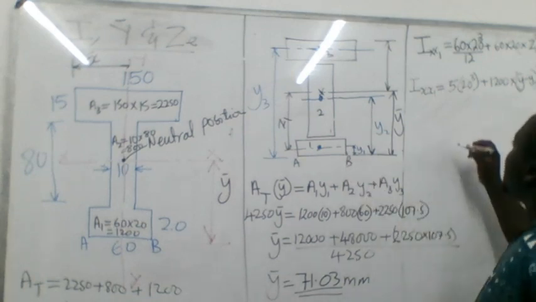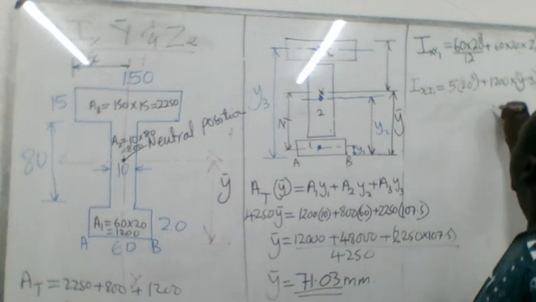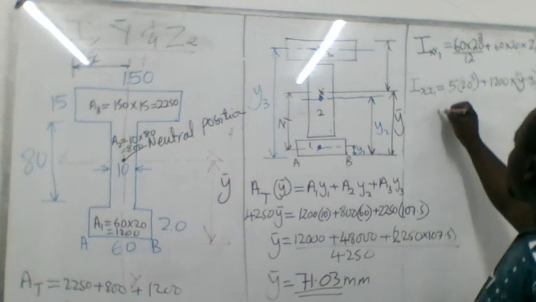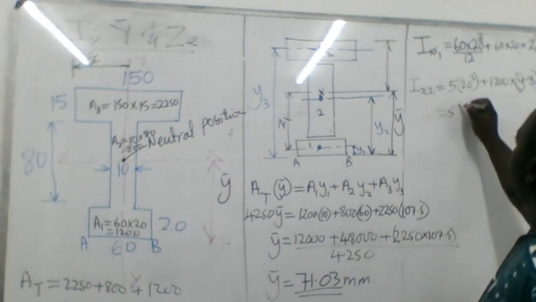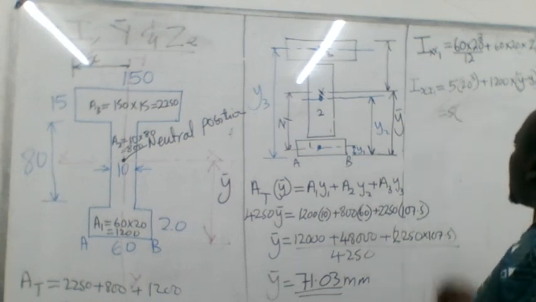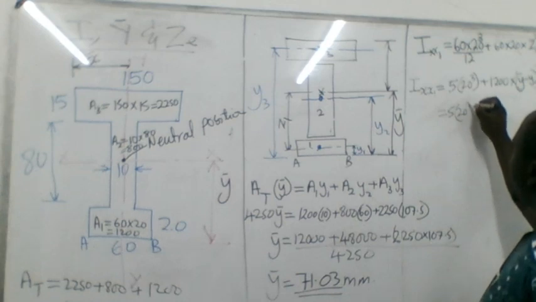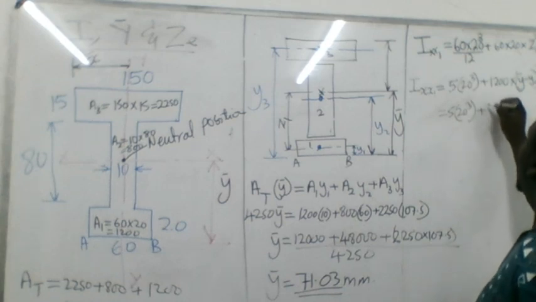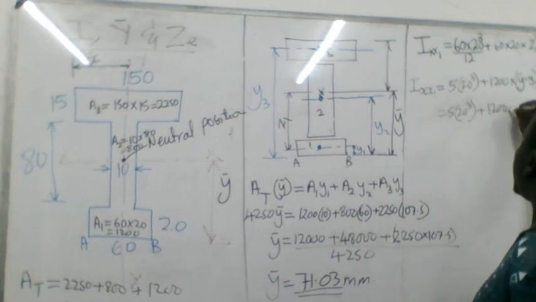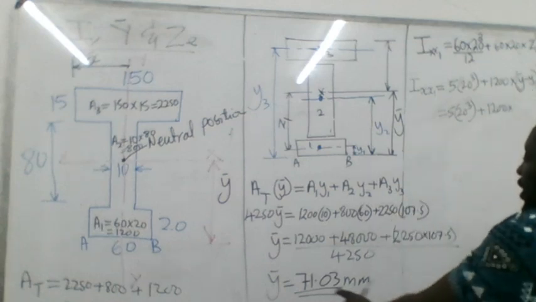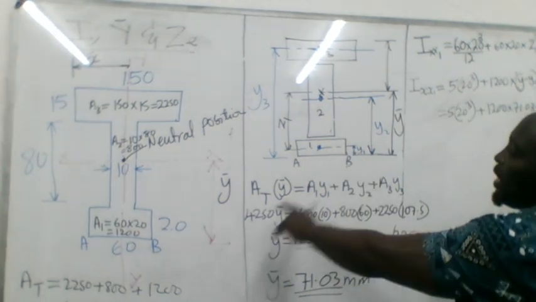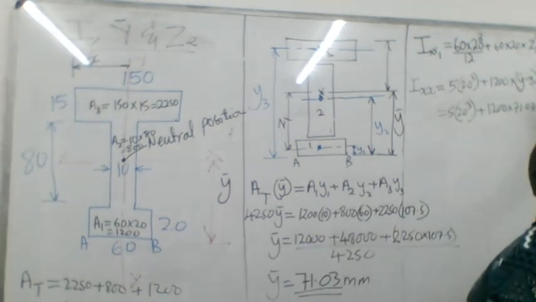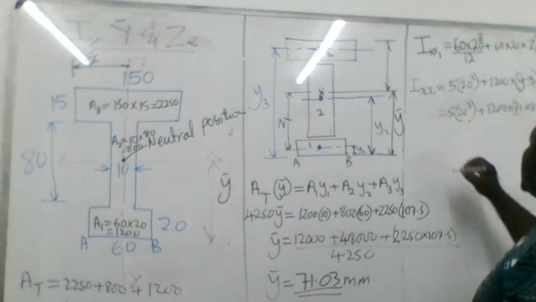So the figures: 5 times 20 cubed, I don't want to break my head, plus 1200 times the y bar we got, 71.03, minus y1, half of 20 is 10, then squared.